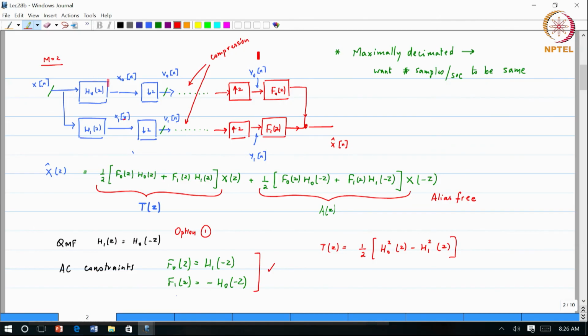Then the mirror image filter, not exactly the QMF version, but the paraconjugate, becomes H1. Then correspondingly F naught and F1 are chosen to cancel aliasing, and you are guaranteed that the input output is in the form of a delay LTI system, which gives you perfect reconstruction.